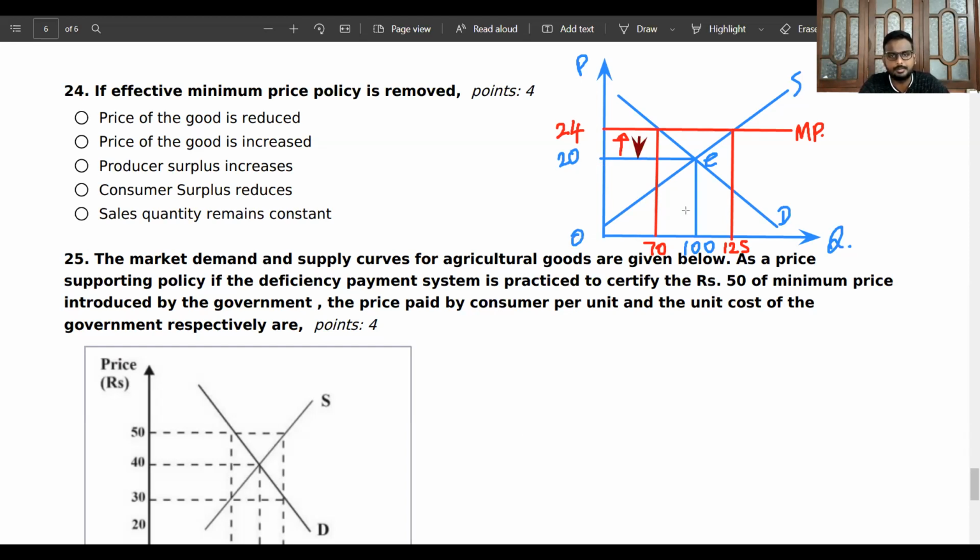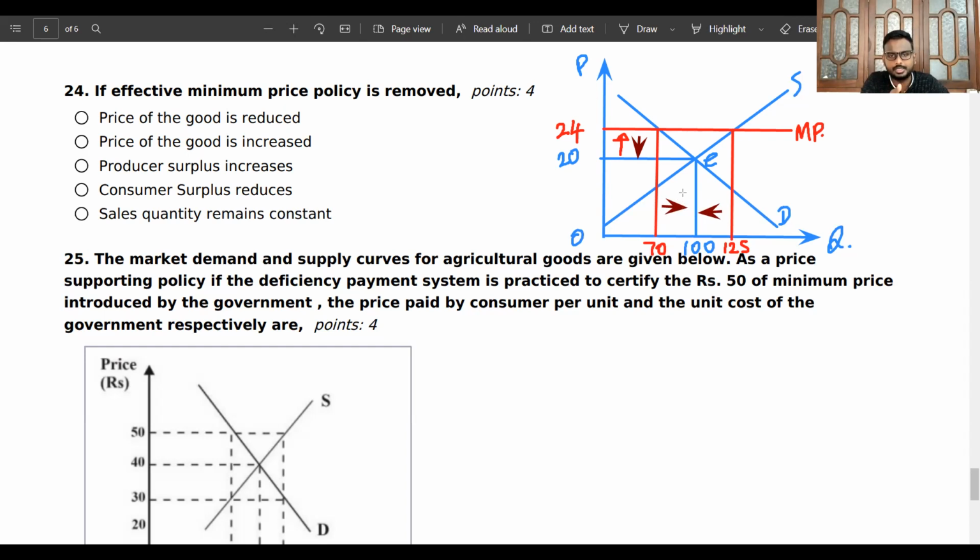So if it's coming back to 20, what will happen? The price of the product is going to get reduced. That's one thing, right? Another thing that's going to happen is quantity supplied will drop, quantity demanded will increase.